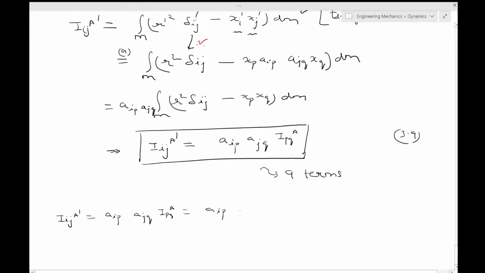Now this I_pq can be written like this, no problem with this, and a can be written in transformed form of qj. So what has happened is that you have just represented it in this matrix form.